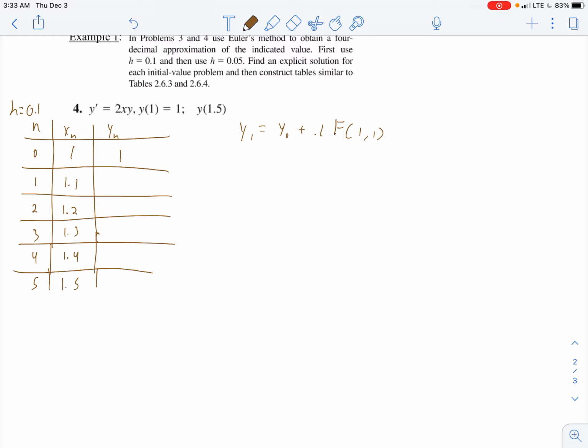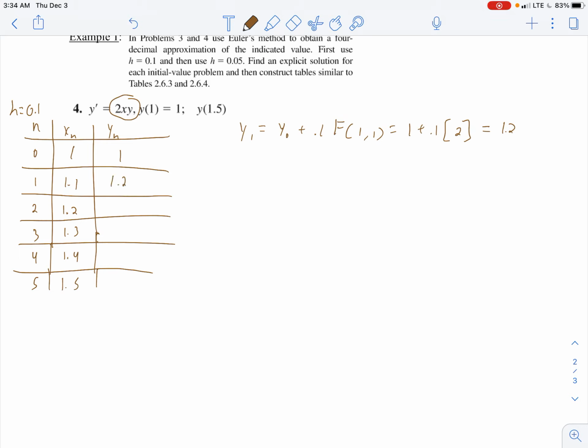So we're going to plug that into the function, and we're going to get y sub 0, which is 1, plus 0.1, and then times, plug in our values to the function, 2 times 1 times 1, well, that's 2, and then we're going to get 0.1 times 2 is 0.2, so 1 plus 0.2 is 1.2. So we found our first y sub n.